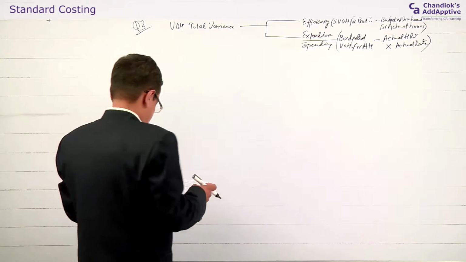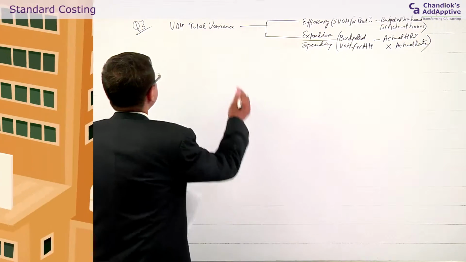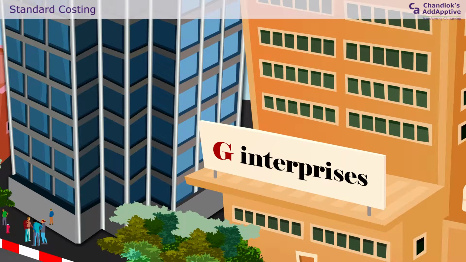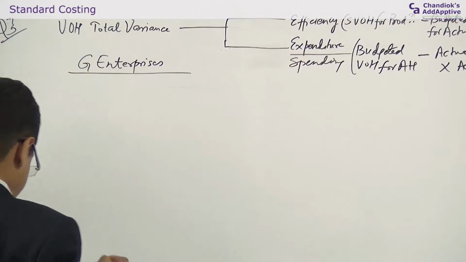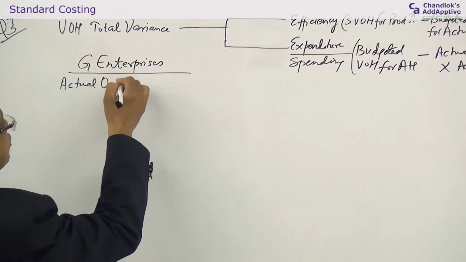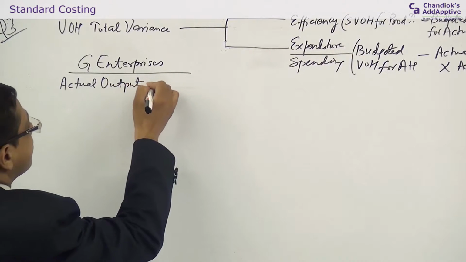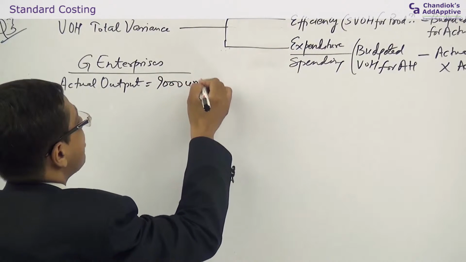So, question number 3, the details of G Enterprises. The detail is actual output 9,000 units.